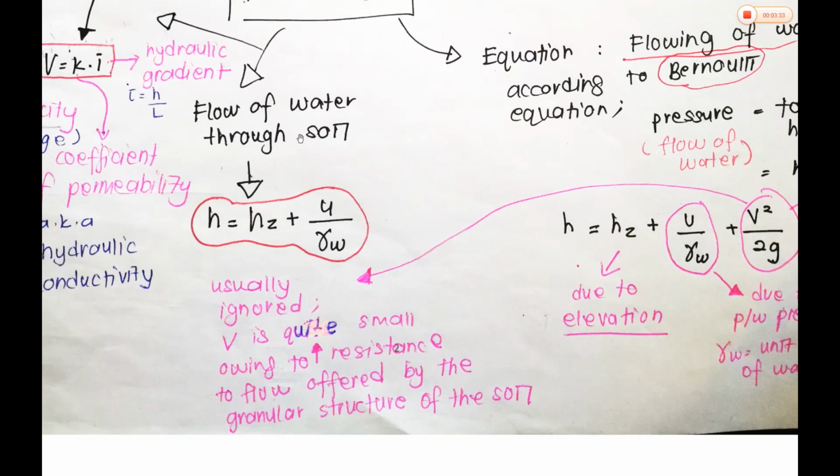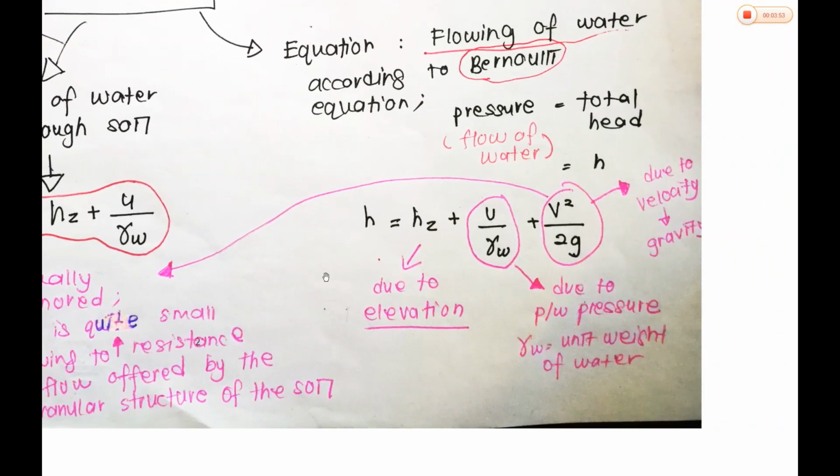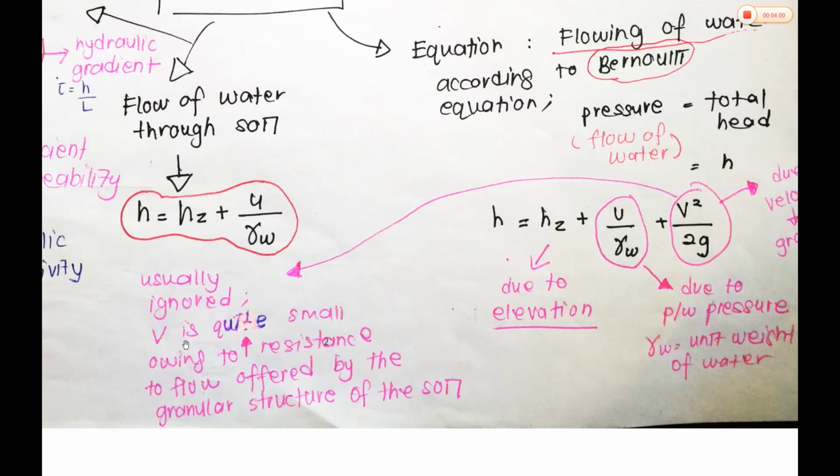But then kalau kita fokus on the flow of water through soil, so now kita fokus lebih kepada soil, the equation will be H sama juga dengan Hz plus U over gamma W. Okay, so you see kita ignore element of V square over 2G. Why? Because V is quite small owing to high resistance to flow offered by granular structure.